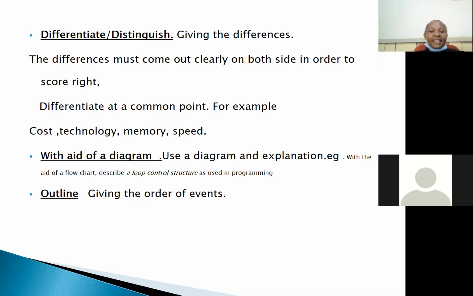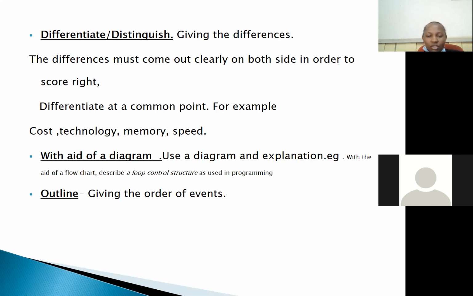In this case, the candidate is supposed to draw a diagram, label it, and then give an explanation or more information about the diagram that you have drawn. Then we have another term that is outline. In outline, you are supposed to give the chronological order of events, the way the steps are supposed to follow one another, the way the events are supposed to follow one another.